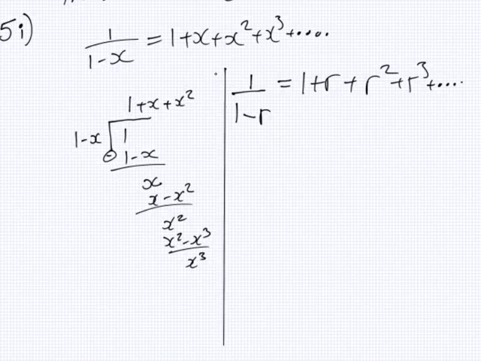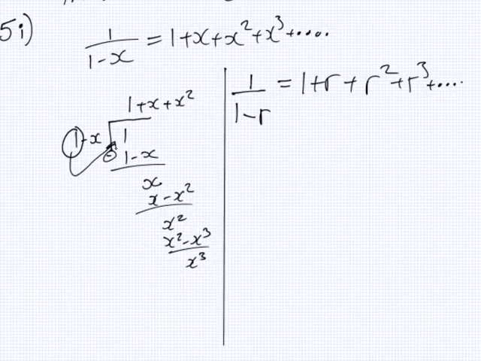Could you repeat the first step again? What number multiplies 1 to make 1? It has to be 1. Then you multiply, you're left with 1 minus x. Then you subtract, 1 minus 1 is gone. Nothing minus x is x. And then you start again. What do you multiply 1 by to make an x? Has to be an x. You look confused.